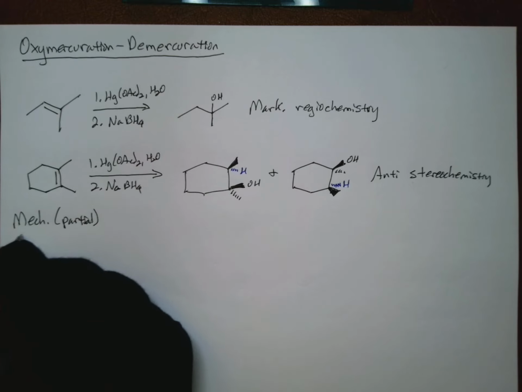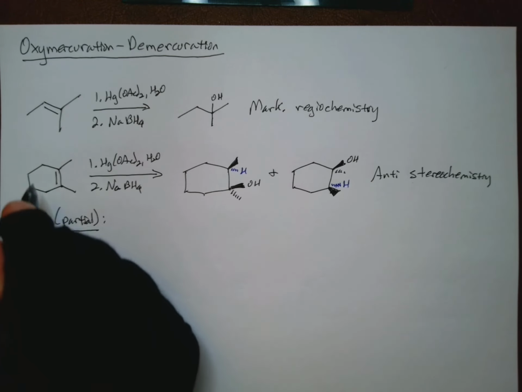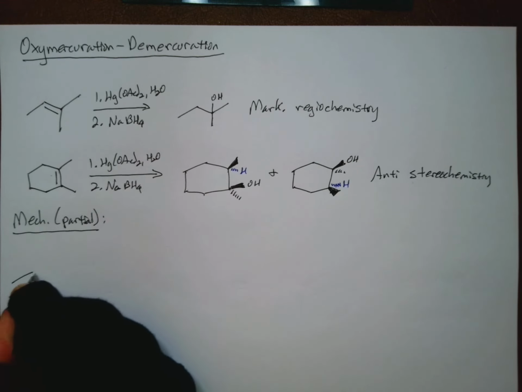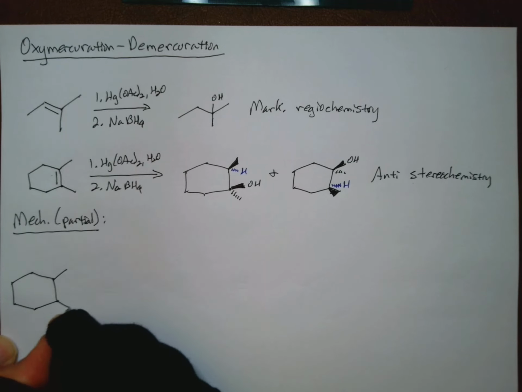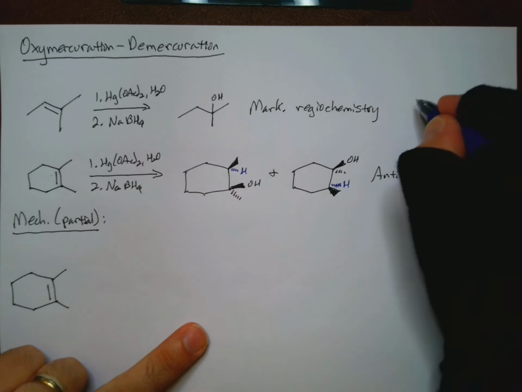At least a partial mechanism. So I'm going to go ahead and, yeah, let's use this guy here. Why not? And initially, we use our HgOAc2. Well, first of all, what is HgOAc2?